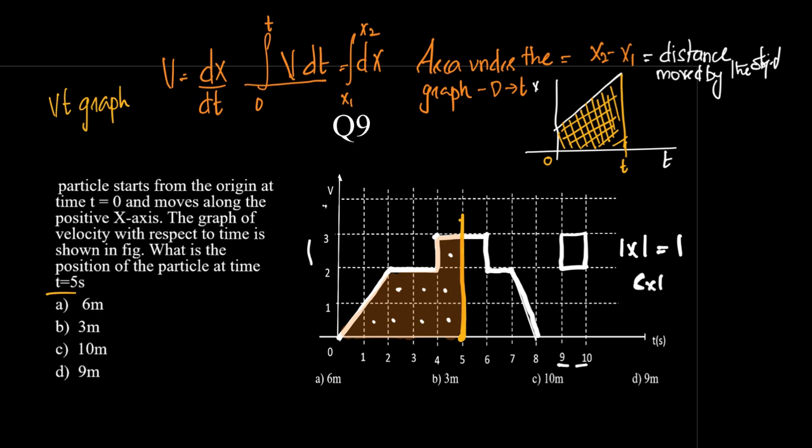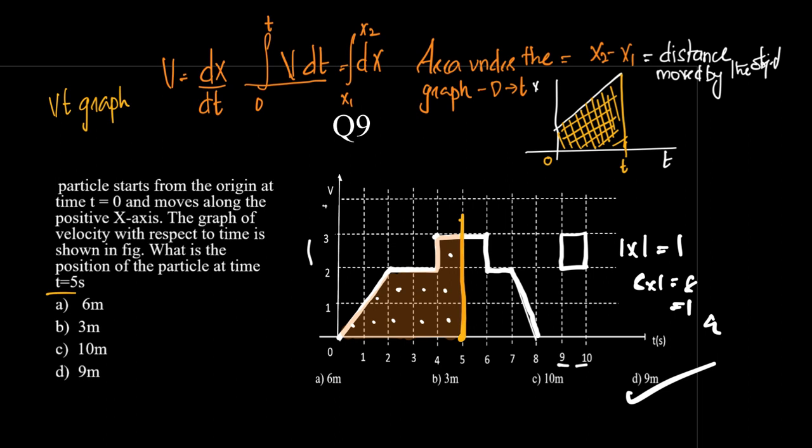So we have 8 into 1, which is 8, and then how many halves do we have? We have 2 halves here, so half into 2 is 1. So we have 8 plus 1, 9, so the correct answer is 9. That's as simple as that.